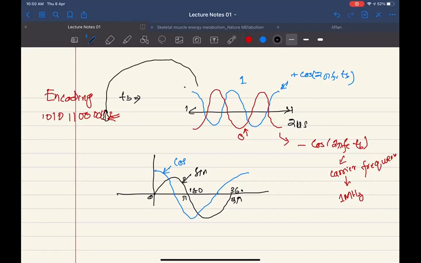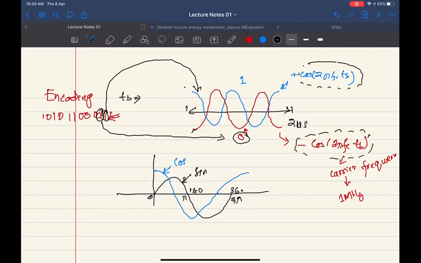It has to be superimposed over these 2 cycles, and since it is 1, it will be carried by this plus cos 2 pi fc of tb. But the next bit, which is 0, has to be superimposed by this one, which is minus cos 2 pi fc of tb. So this was how we were transmitting our signal.